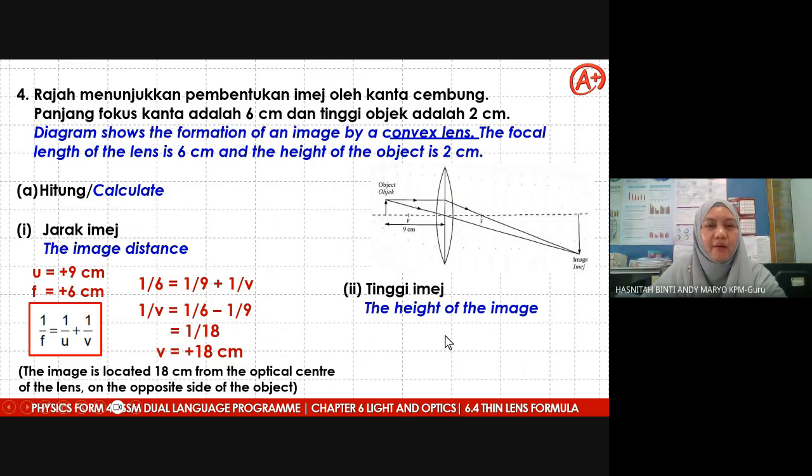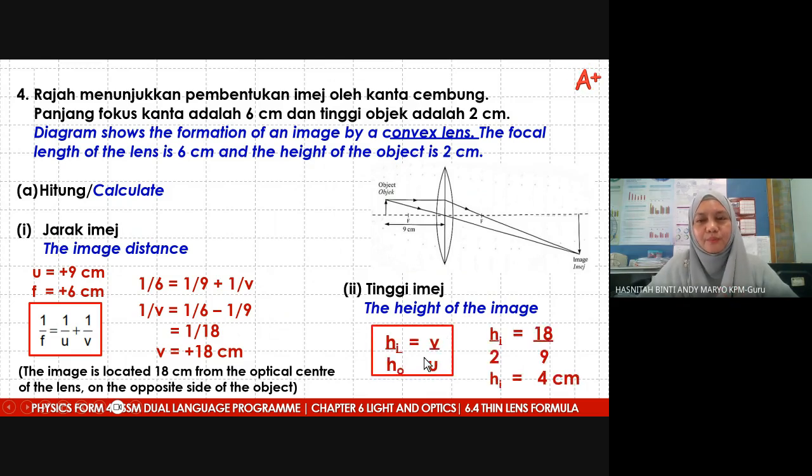Which means it is real. Now find the height of the image. Again, how to find height? We can use the magnification formula. M equals V over U. So we want to find HI. From the information given, the height of the object is 2 centimeter.